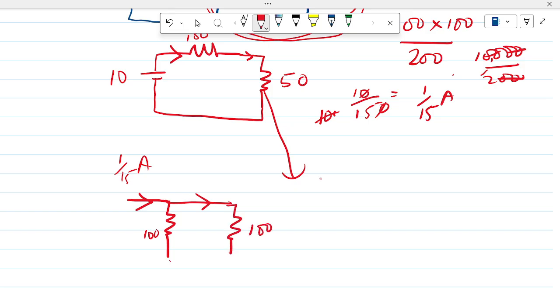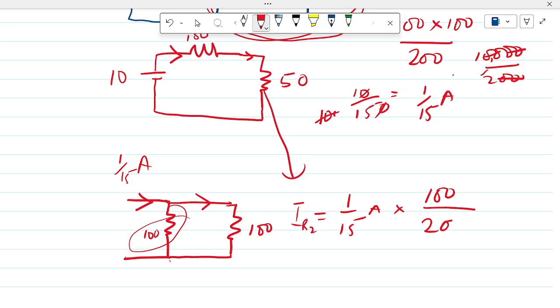So the current flowing through this current divider, IR2, becomes the total current, 1/15 amperes, times the other one over the sum of the two, which is 200, and that gives us 1/30 amperes.